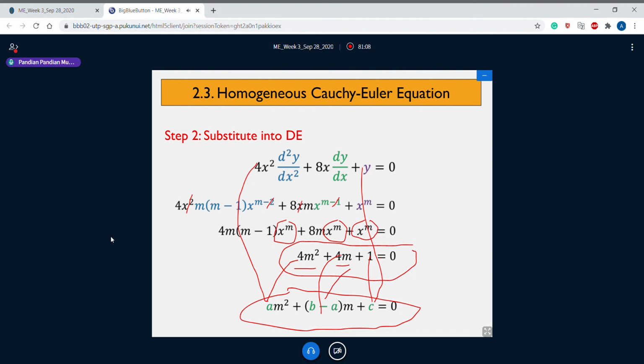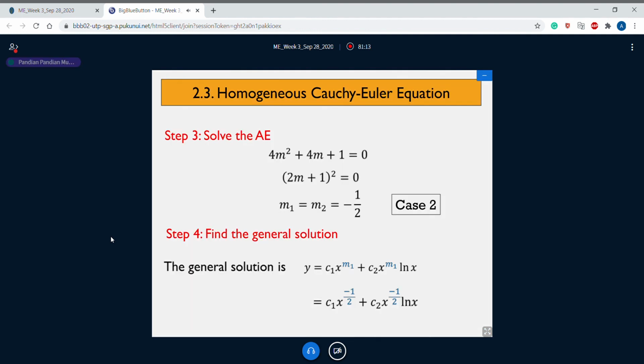And for this auxiliary equation, we have to find the roots. So solve the auxiliary equation 4m squared plus 4m plus 1 equals 0. You want to factorize this, you need not use the formula because it's very easy to factorize. If you factorize, 2m plus 1 multiplied by 2m plus 1 equals 0.